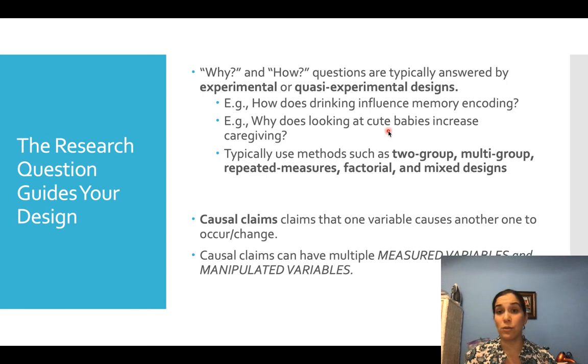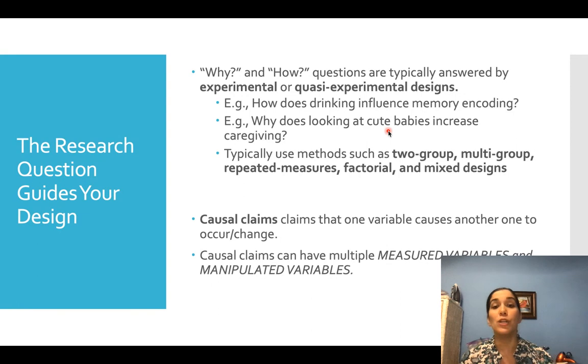And experimental and quasi-experimental designs answer causal questions, causal claims. Causal claims are questions that ask whether this one variable or these variables cause another variable to change or occur.